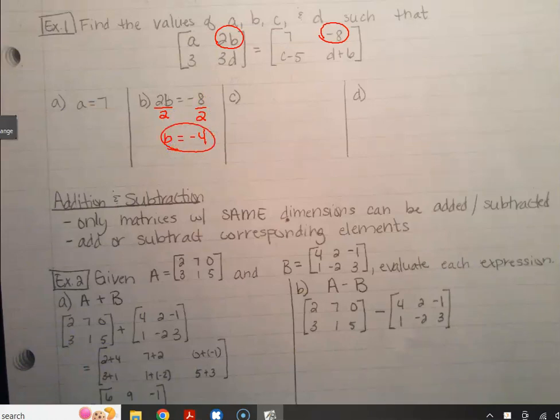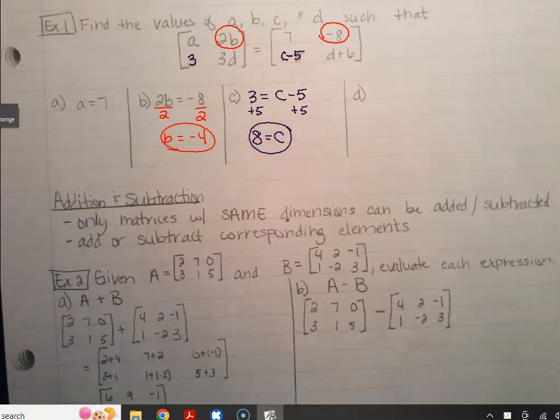Awesome, right? Let's do the next one for C. The next set of corresponding elements is 3 is equal to C minus 5. I should have circled them instead of outlining them. To solve for C, we're going to add 5 to both sides. So then we get 8 is equal to C.